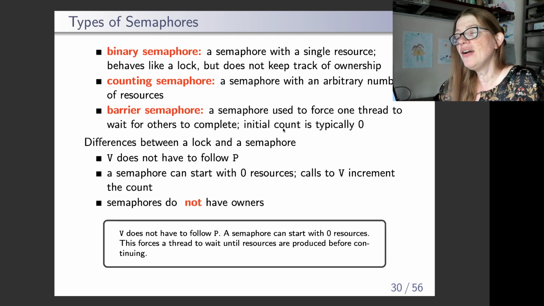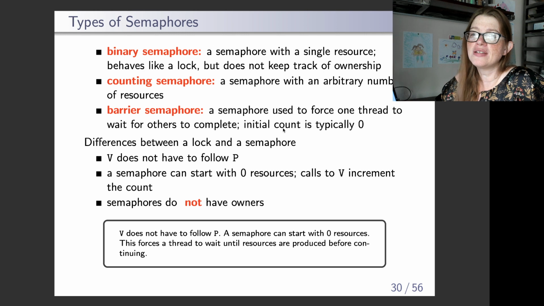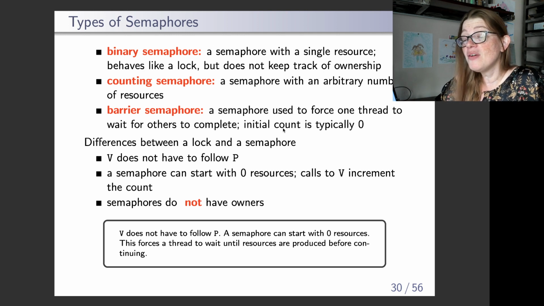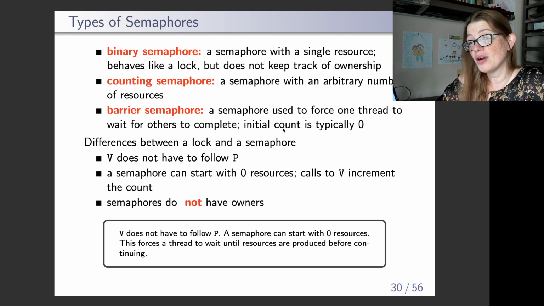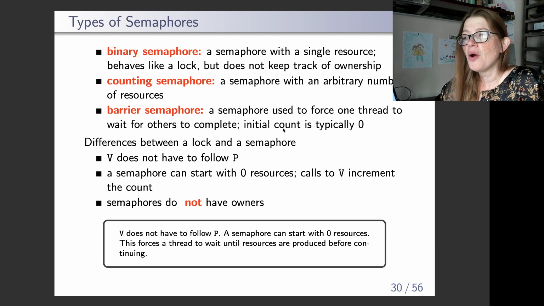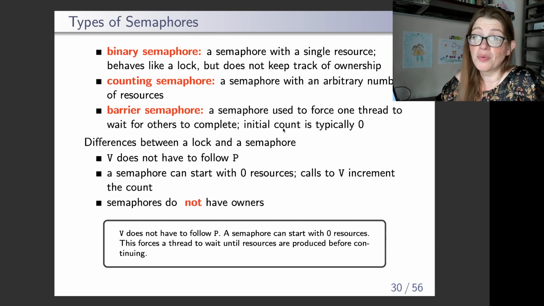So for a barrier semaphore, remember how a while back I said we don't have thread join, which is the ability for one thread to wait for another thread to complete? Well, I said we didn't have join, but we still have the ability to do that, and the way we can do that is by using a semaphore. By using a semaphore, we can force a calling thread to wait for some other thread to complete before we move on.